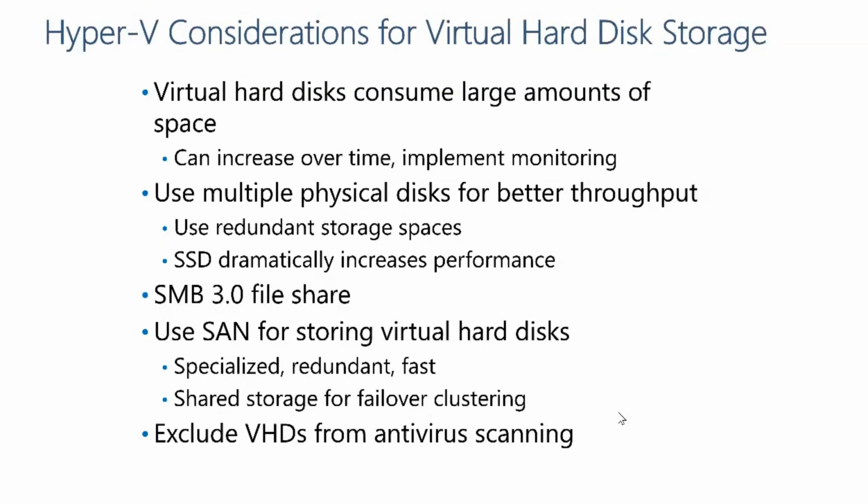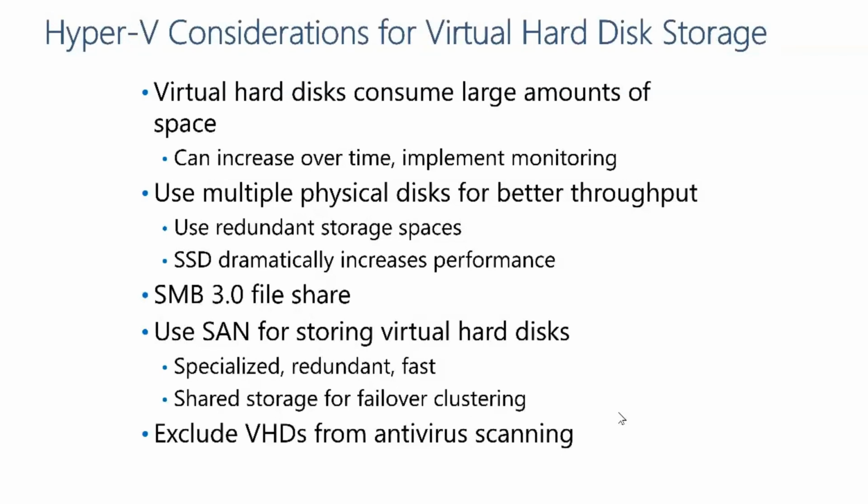So if you store it for some reason on the same hard drive or same partition as your operating system for the host, for example, then potentially you could grow so much that you have no space for the operating system to actually create temporary files, and then it'll crash the whole host as well. We can use multiple physical disks for better throughput.